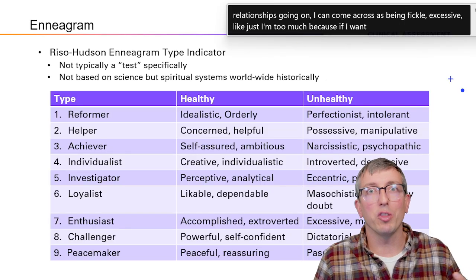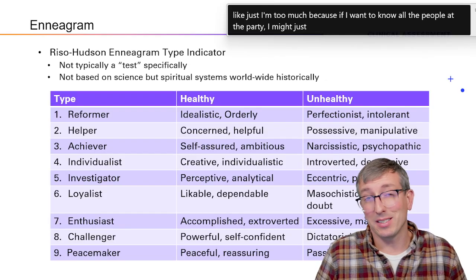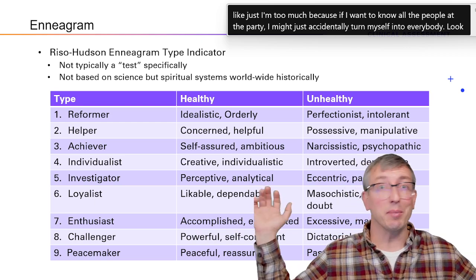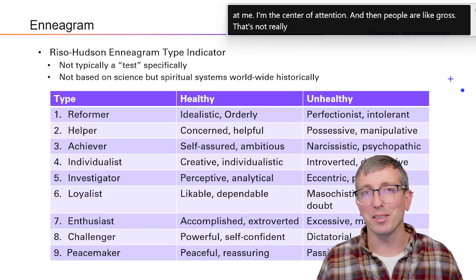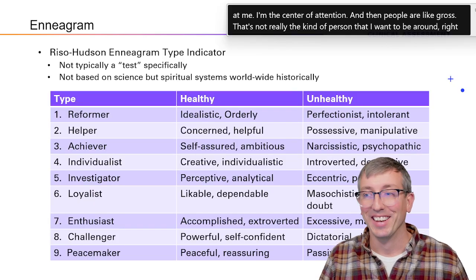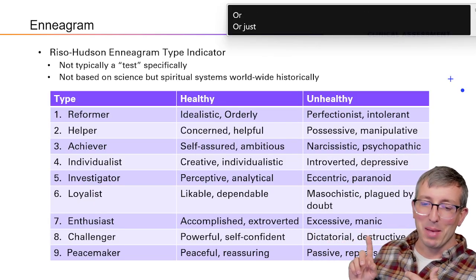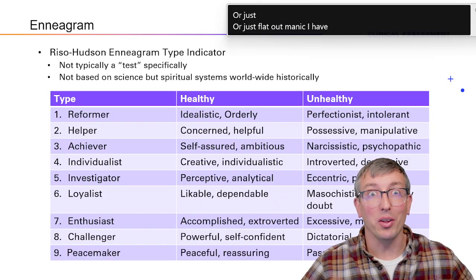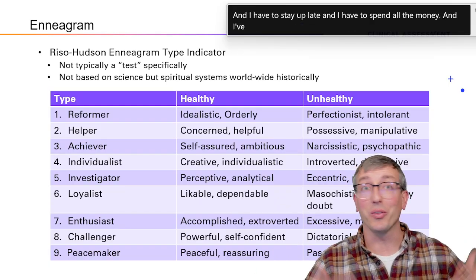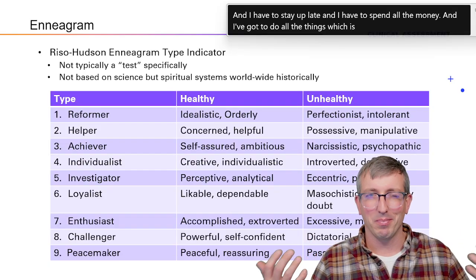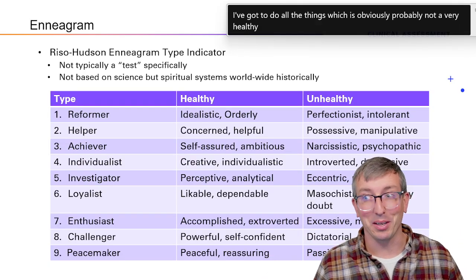Because if I want to know all the people at the party, I might accidentally turn myself into everybody look at me, I'm the center of attention. And then people are like, ugh, gross. That's not really the kind of person that I want to be around, right? Or just flat out manic. I have to do all the things all at the same time, and I have to stay up late, and I have to spend all the money, which is obviously not a very healthy thing, right?